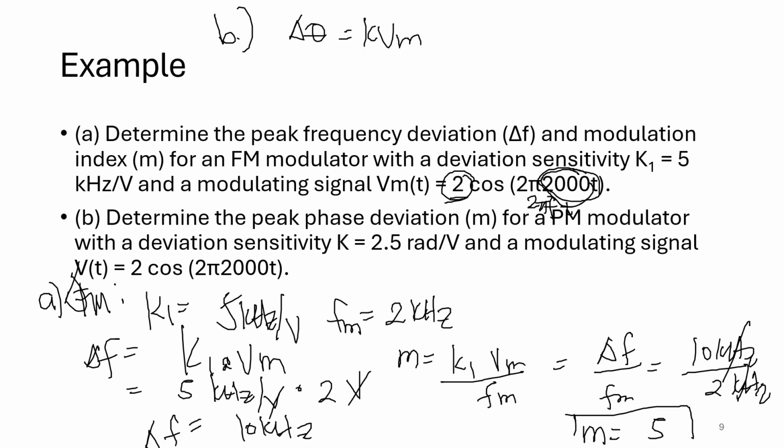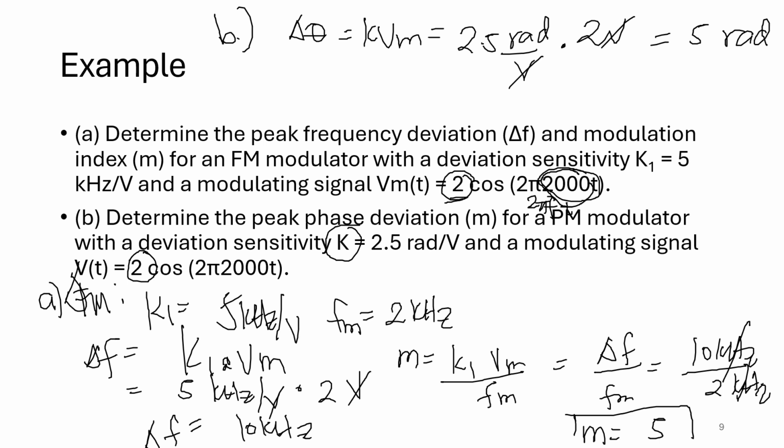K is the deviation sensitivity for PM, which is 2.5 radians per volt, multiplied by the modulating signal voltage, which is 2 volts. So the volts will cancel out, and that will give us 5 radians.